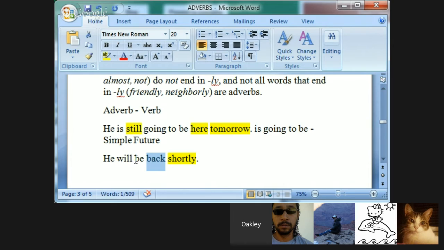In which case, "he will be back." "Be back" is the verb. Yes, "be back." That's an interesting phrasal verb, but yes. It took me a little minute to wrap my head around that. There's not many phrasal verbs that have the verb "to be," but here's one of them.